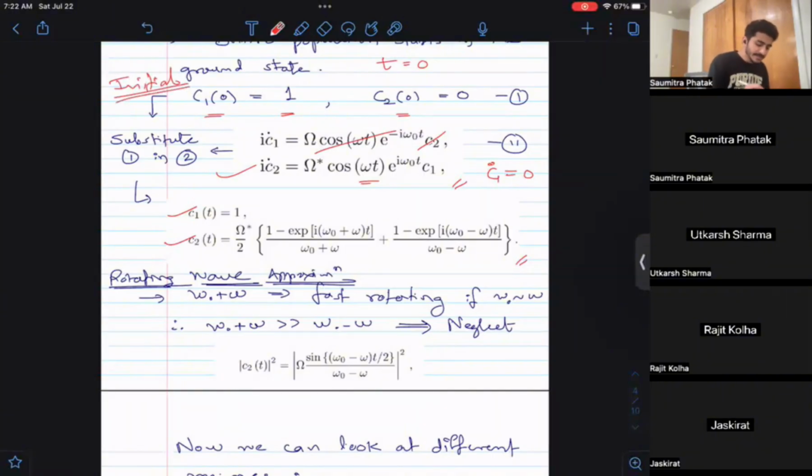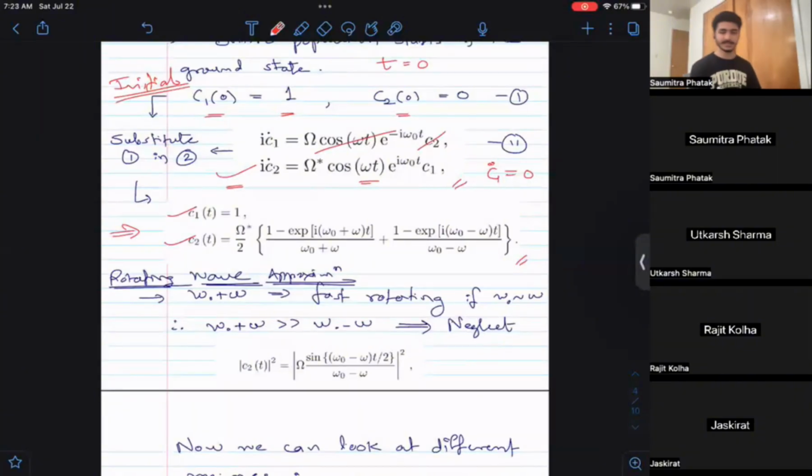We substituted these initial conditions in these expressions, and we got these two expressions. So these two are the time dependencies of the coefficients. The coefficients started with 1 and 0, right? And with time, they will evolve, and the time evolution is given by these expressions.